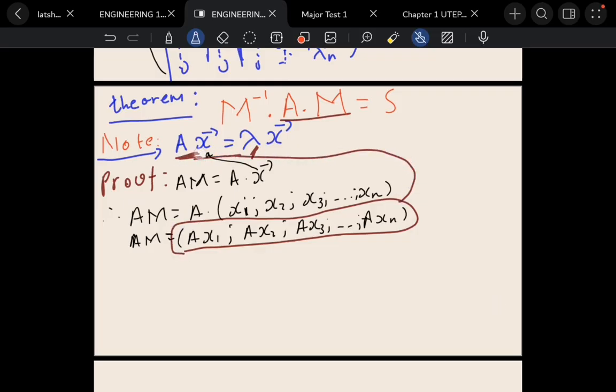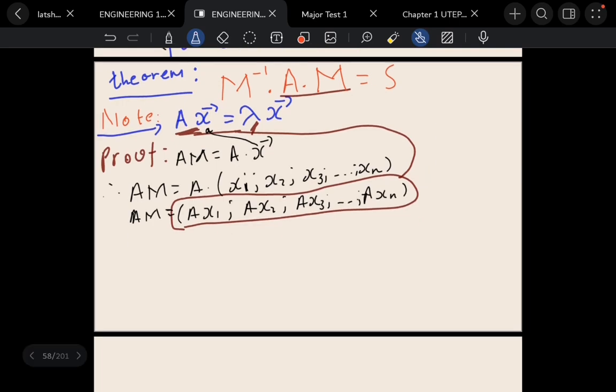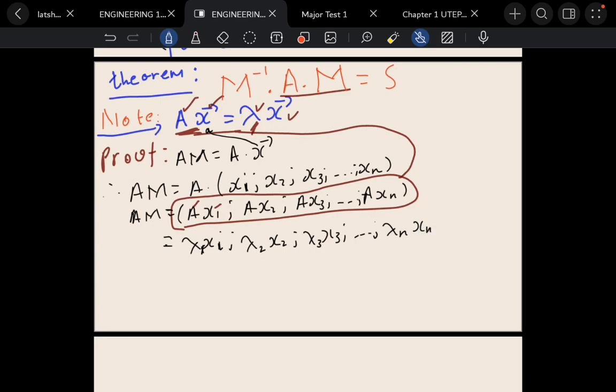Now, if you note this part, you can clearly see that it is this part of the theorem, which means A X bar is equal to lambda X bar. Because you are multiplying matrix A with an eigenvector, you should get lambda times X bar, which is going to be lambda 1 X1, lambda 2 X2, lambda 3 X3, until you have lambda n Xn.